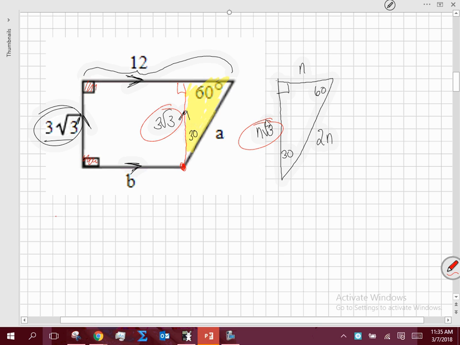So the argument is if these two triangles are congruent, then 3 radical 3 is equal to n radical 3. So what's n going to be? N is going to be 3. So that is n, obviously it's the side across from 30, right? So that little red distance is 3. A would be what? 6. If that's 3, the whole thing is 12. What's B? B is 9. Okay, 12 minus 3 will give me that B value.